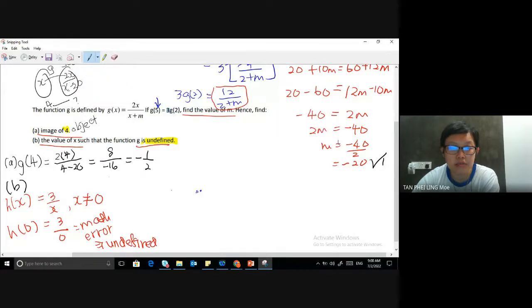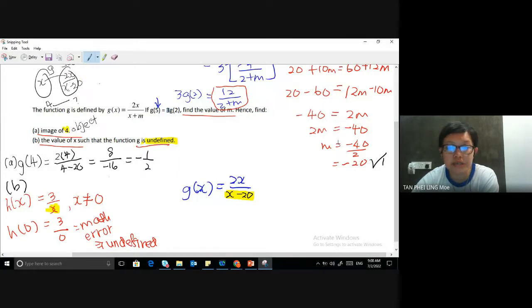Okay, so let me do it here. For g(x), in this case where you have 2x over x minus 20, in order for it to be undefined, remember, we always say that the denominator is equal to 0. That's why you always mention x cannot be equal to 0.